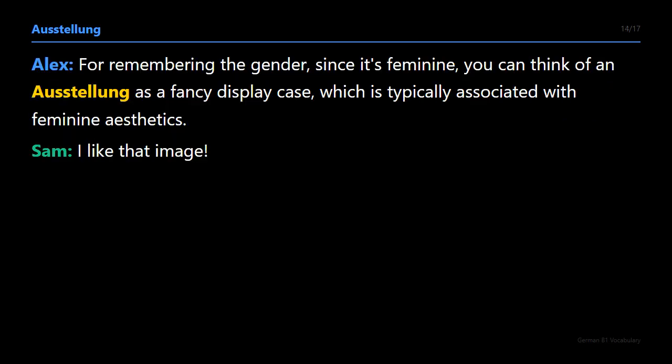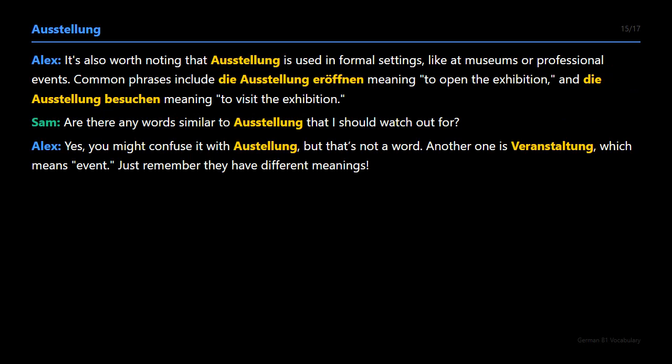For remembering the gender, since it's feminine, you can think of an Ausstellung as a fancy display case, which is typically associated with feminine aesthetics. I like that image. It's also worth noting that Ausstellung is used in formal settings, like at museums or professional events.